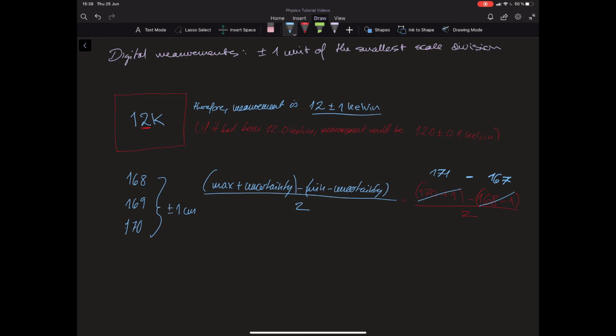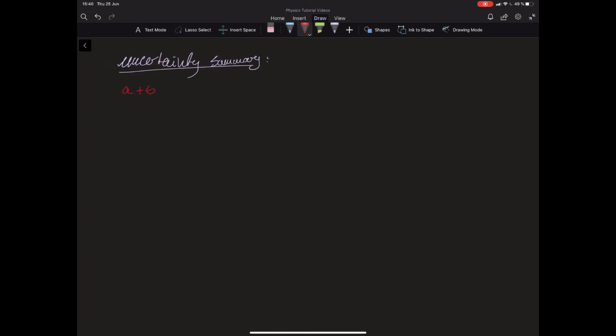When you subtract it, you get 4 divided by 2, and therefore the uncertainty has to be plus minus 2 centimeters. This value is also referred to as the absolute uncertainty and is commonly referenced in general notation as delta x. Whenever you add or subtract two values, you just add their absolute uncertainties.